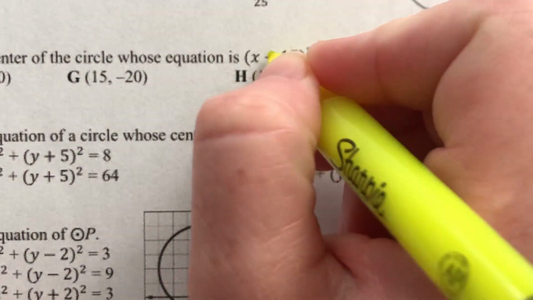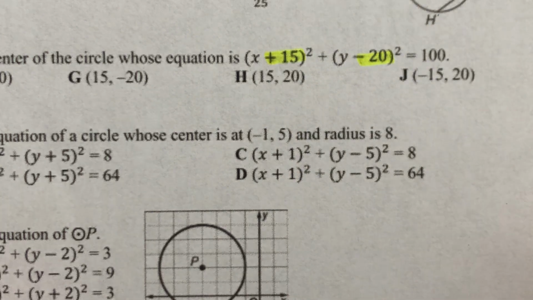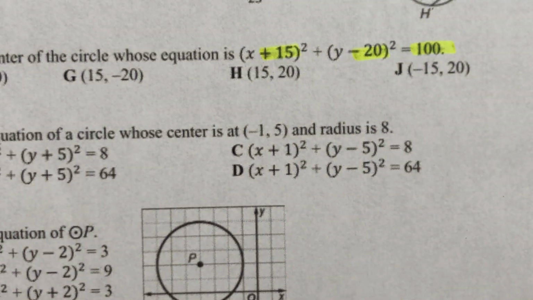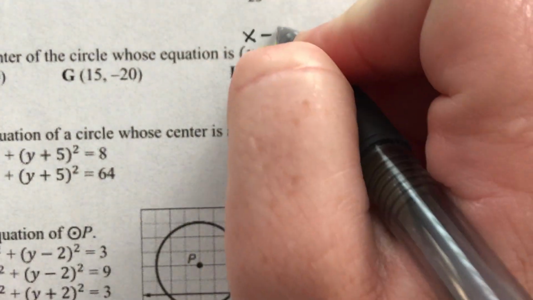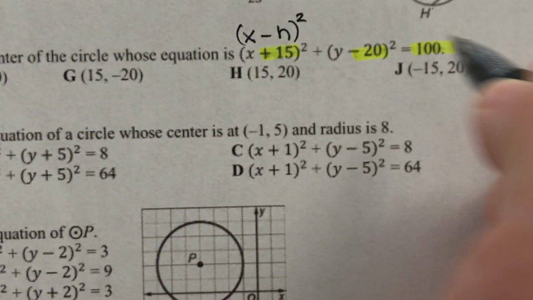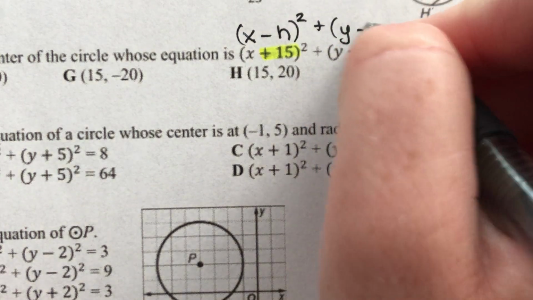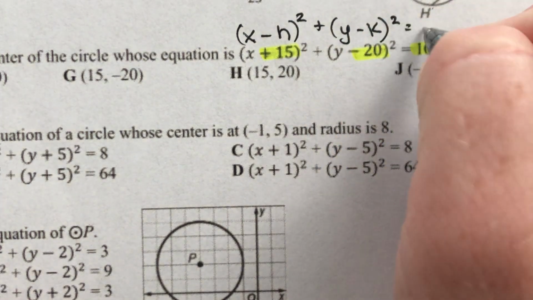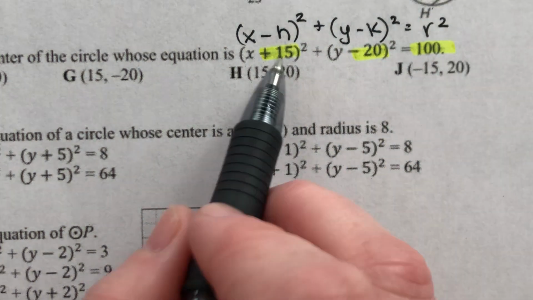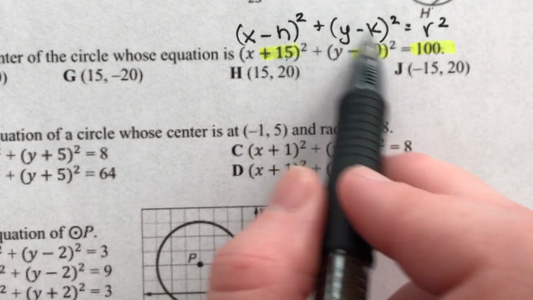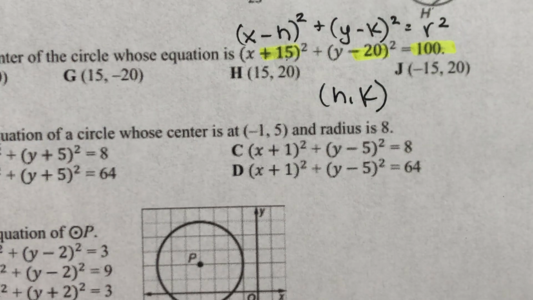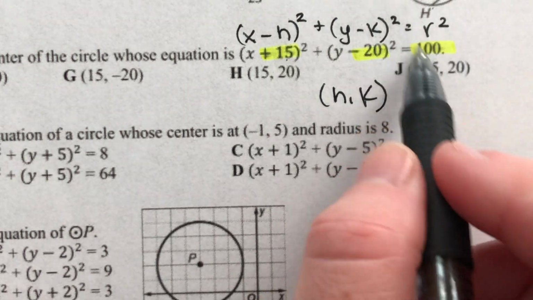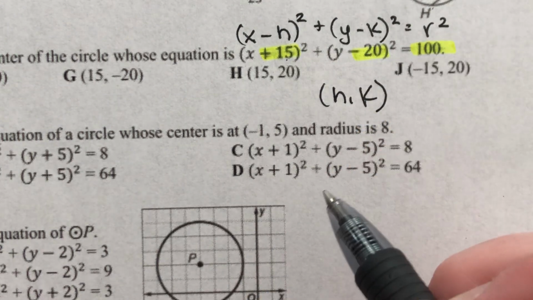In our equation of a circle, x minus h squared plus y minus k squared equals the radius squared. The important pieces are h and k. (h, k) is the center of our circle, and r squared is our radius squared.